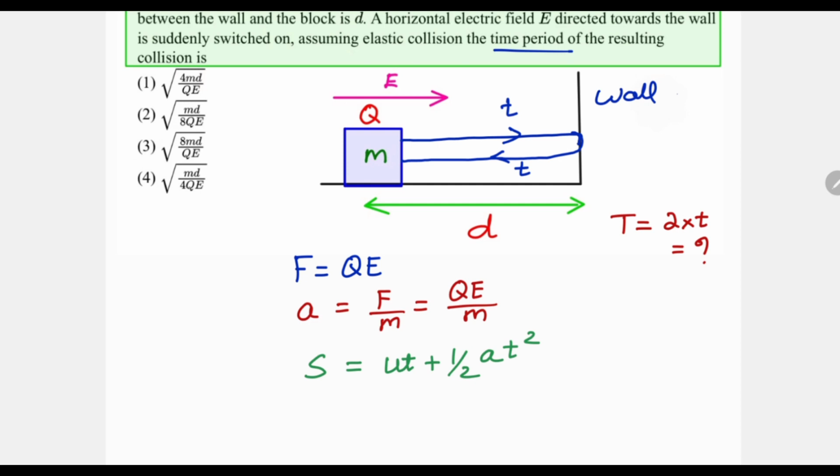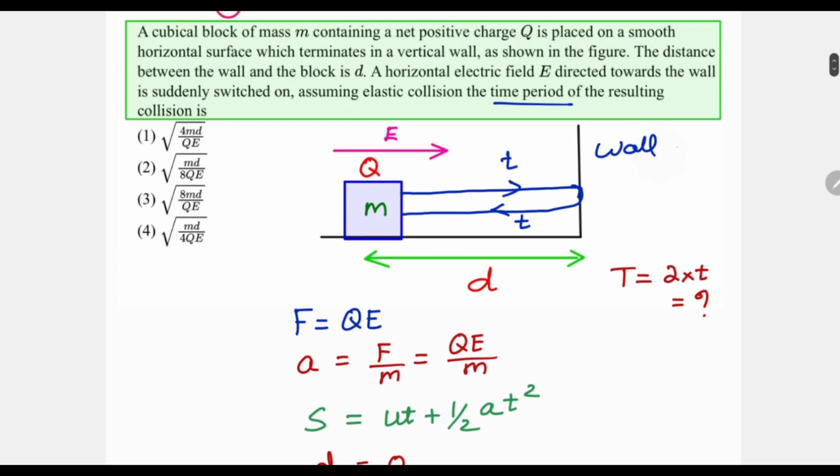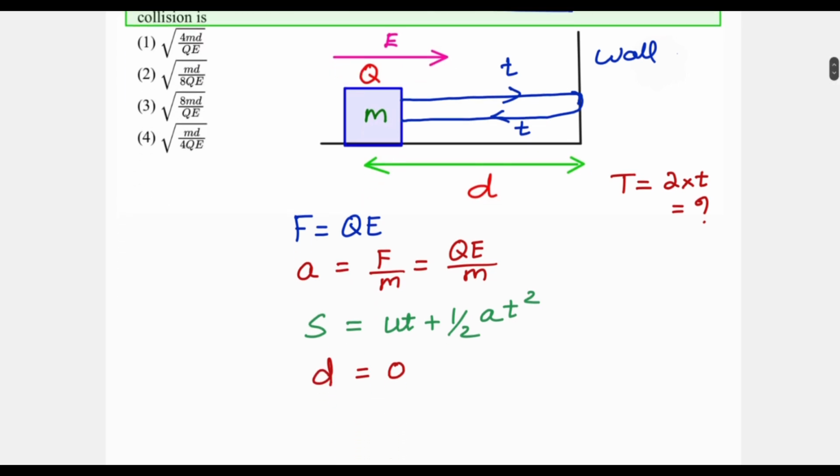From the position of the block to the wall, the distance we can take as d, because in the question they have mentioned the block is kept from the wall at a distance of small d. Here u equal to 0 because a horizontal electric field E directed towards the wall is suddenly switched on. That means initially the block was at rest.